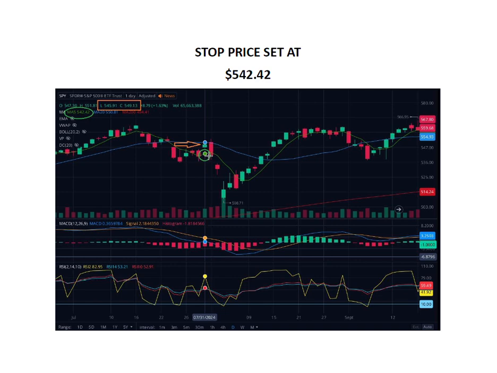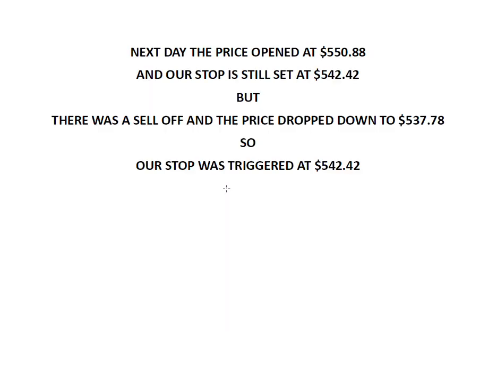Therefore, I'm putting my stop on. The candle's up here above the green line. I put my stop on the green line, right? So I've got my stop there at 542.42. The next day, the price opened at 550.88. Okay? But my stop is at 542.42.